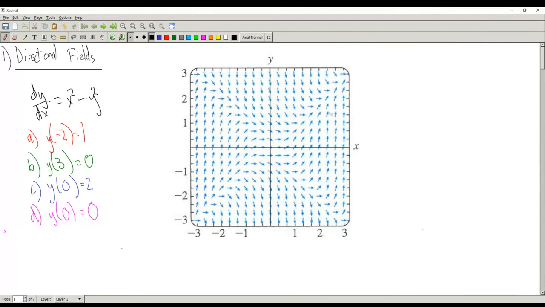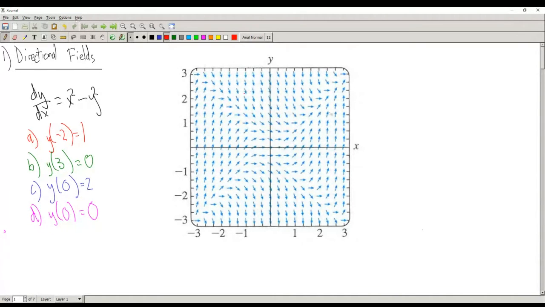Now, the next point they mention is it has to pass through each of the indicated points and use a different colored pencil for each solution curve. What that means is you aren't going to have a single curve that passes through all the points. You could have one that passes through multiple, but you probably won't, especially if they're asking you to use different colors. So this graph over here is what you've been given.